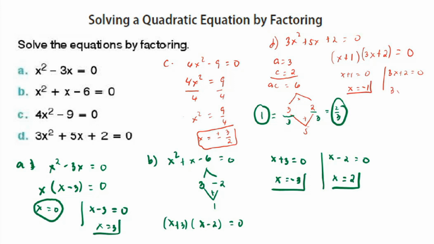And this one becomes 3x equals negative 2, transposed. And divide both sides by 3. Therefore, dividing this by 3, we have x equals negative 2 thirds. So, I hope you were able to follow it well.